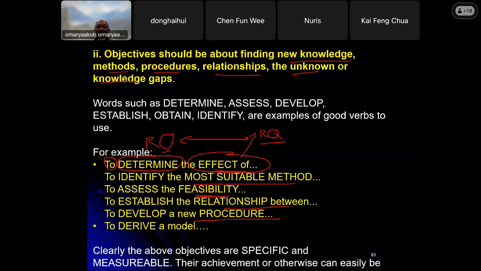So these are the unknown, the research questions. And from there, we need to identify, determine, assess, establish, develop, derive. So clearly the above objectives are specific and measurable. The achievement of the objective or otherwise can easily be determined at the end of the study.